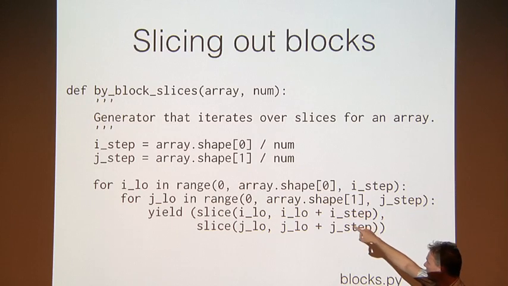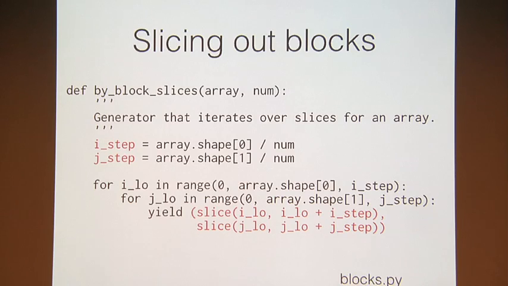So, this is the slice generator. It computes two steps, like how large my pieces should be. It takes the array shape and divides it by however many slices I want to do in each direction. And then it loops over those two sizes, and gives out a slice from a low point to some low point plus a step.